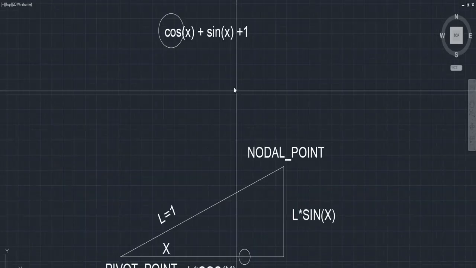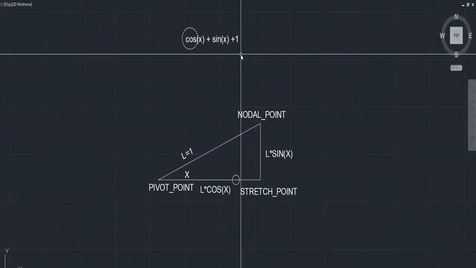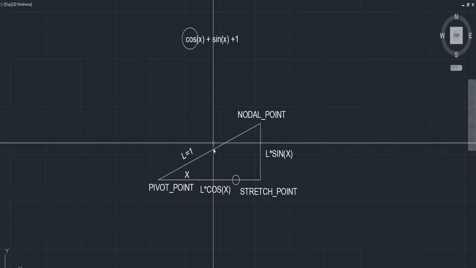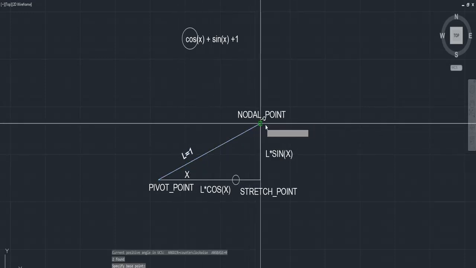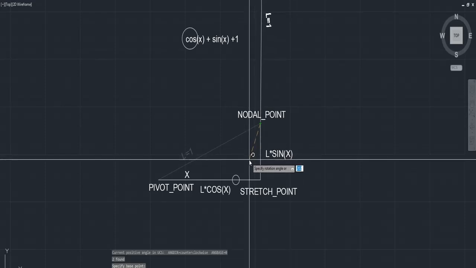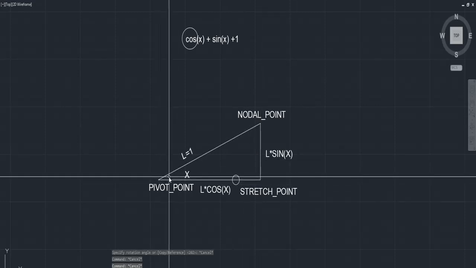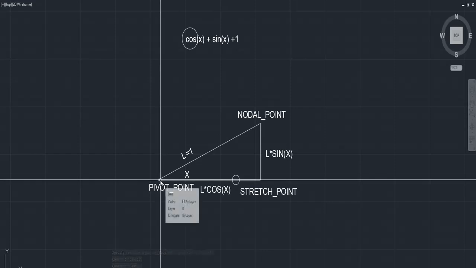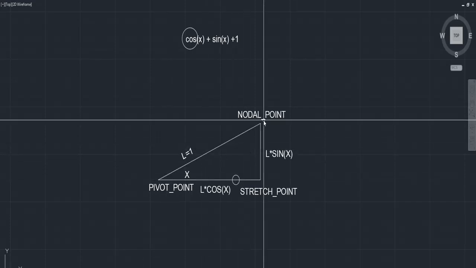Now sin x is attached with cos x, and then 1 is attached with sin x. To achieve that, we have to rotate this 1 about the nodal point such that the 1 remains attached with sin x, and to do that we have to cut the pivot point, because the cutting is necessary, otherwise we cannot rotate the 1 about the nodal point.